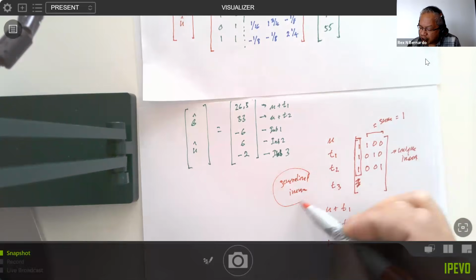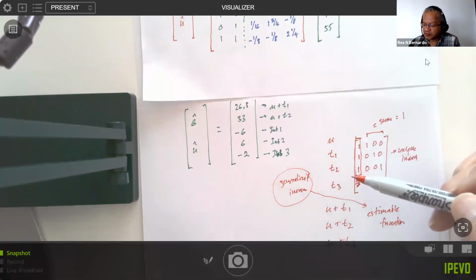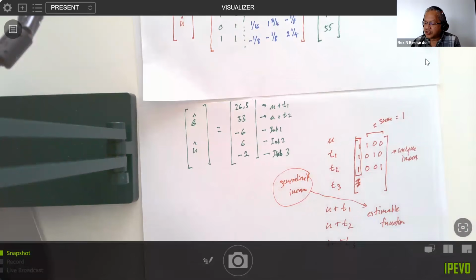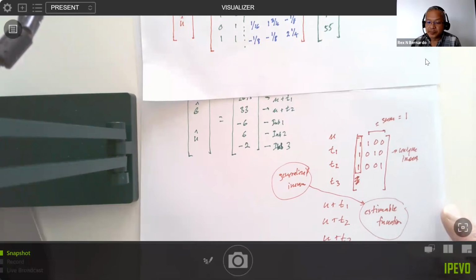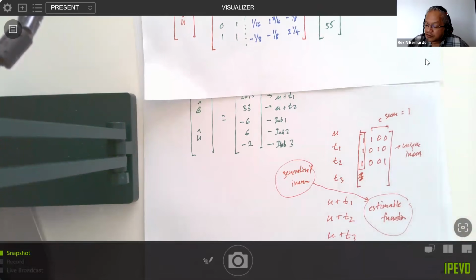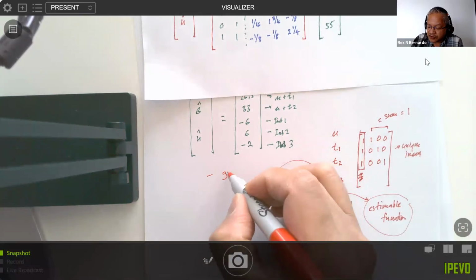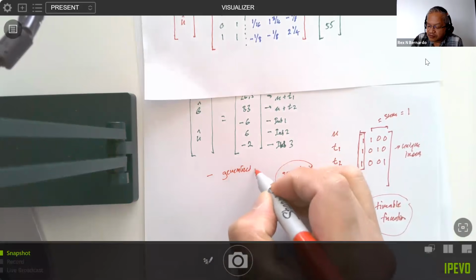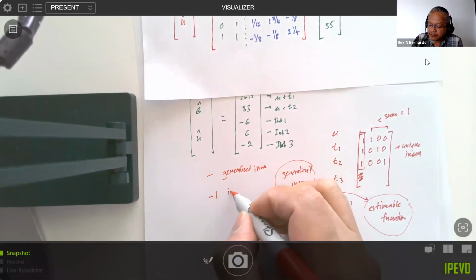So we use a generalized inverse to come up with a solution. It's not the only possible solution, but it lets us still have estimable functions of these fixed effects. That's a long answer to generalized inverse versus inverse, but when we have just the minus sign, we have a generalized inverse, and when we have -1, that is a unique inverse.